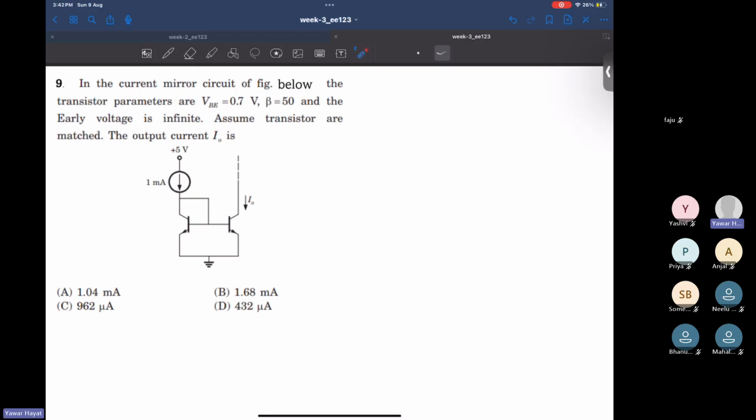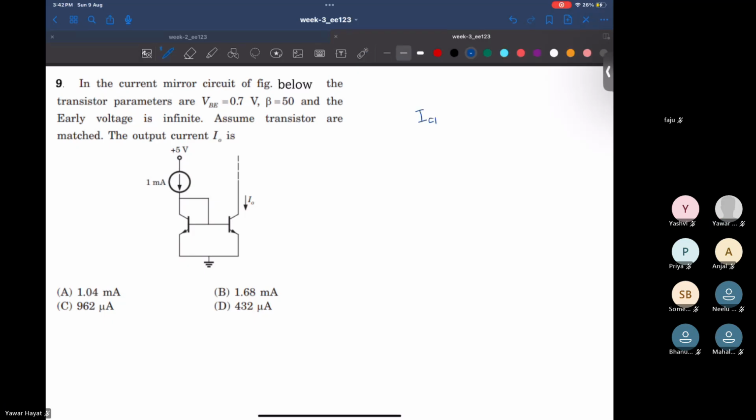So now this is a basic BJT current mirror, right? But because your beta is finite, this 1 milliamp reference current must supply base currents of both the transistors. Since you have matched transistors, they have the same VBE, equal to 0.7 volt. So what we can write is as follows.